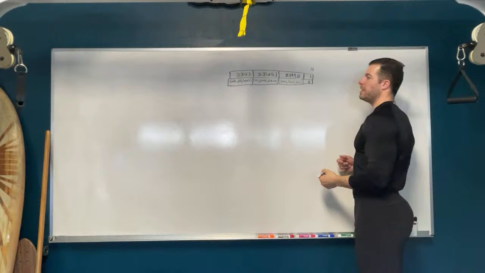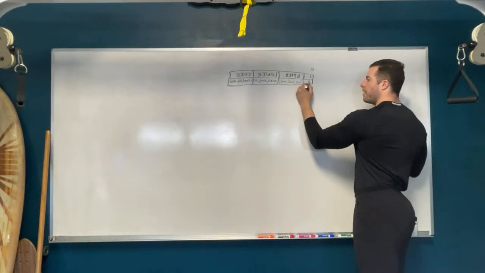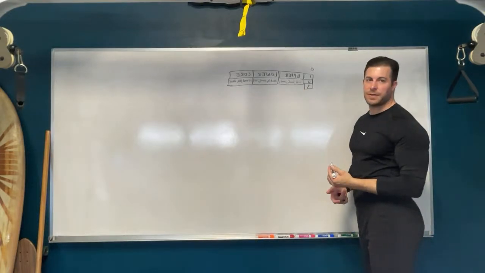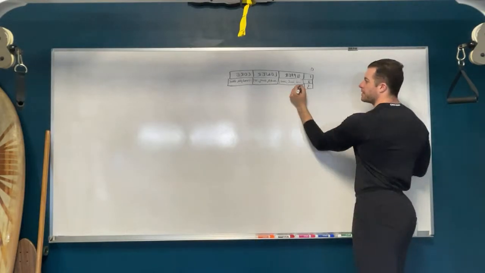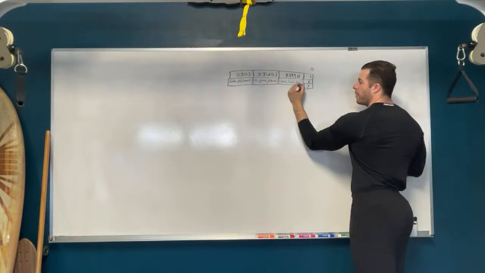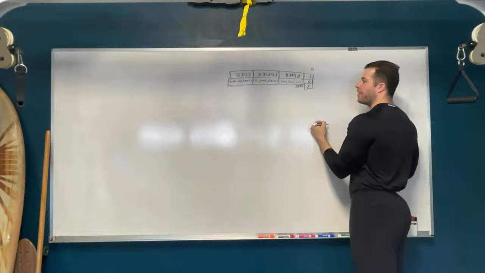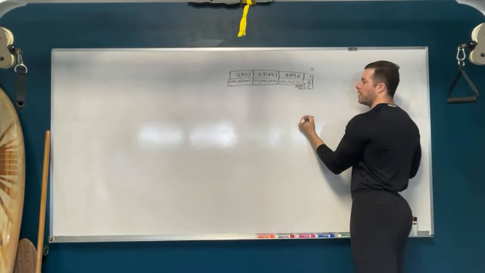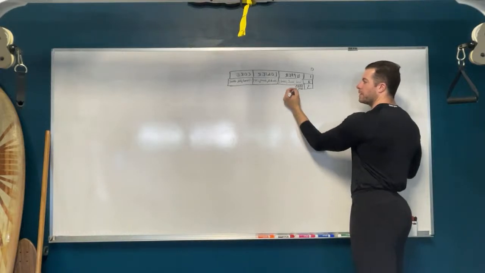Okay. And now each of these will have a third subcategory. For chest exercises, you're thinking about things like barbell and dumbbell bench. You're thinking about things like dips. Okay, those would be the three categories.